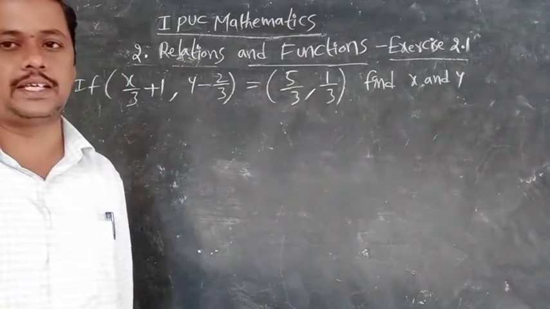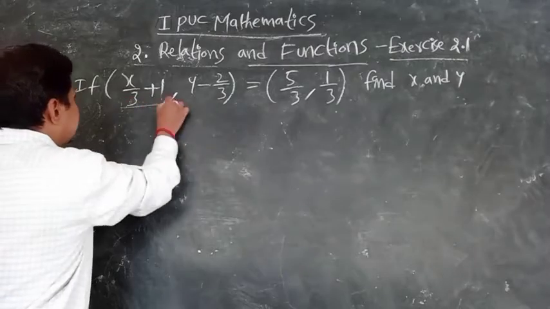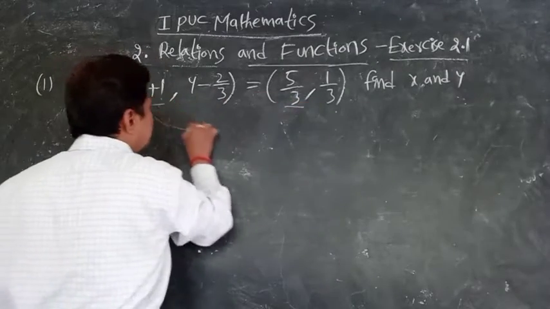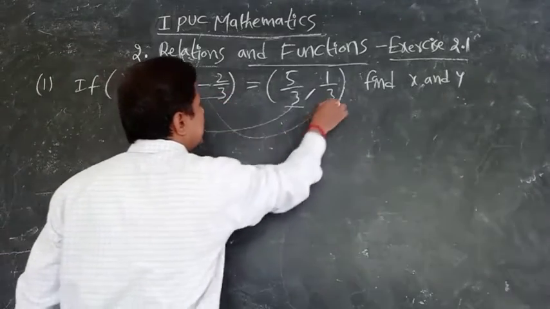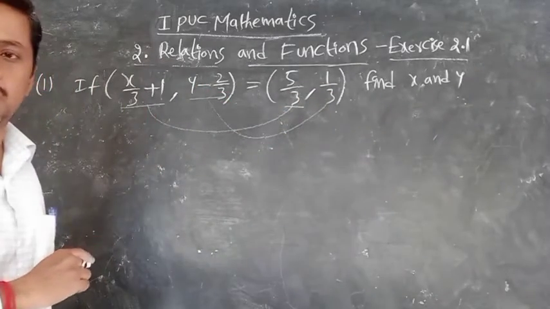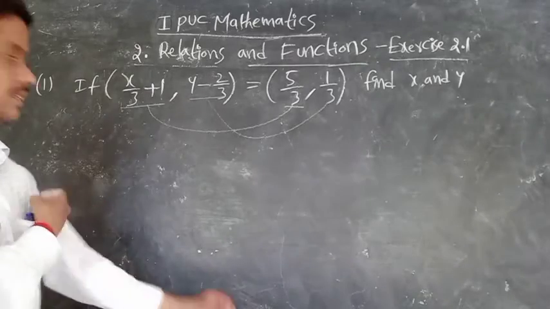So this is the condition. This is x, this is x, we have to equate these two things, and this is y, this is y, we have to equate these two things. Understood or not? Like that we have to find the answer.